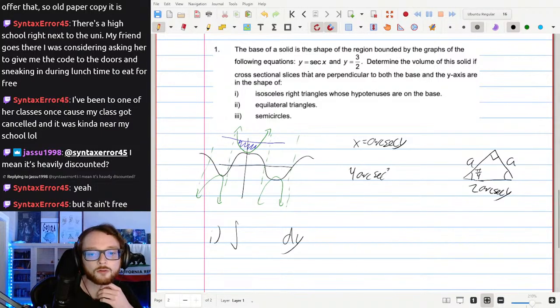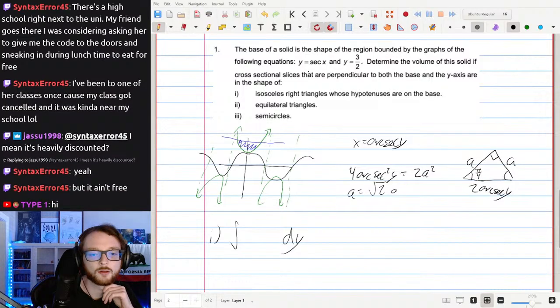Arc secant squared y is equal to 2a squared. So a is going to be equal to root 2 arc secant y.